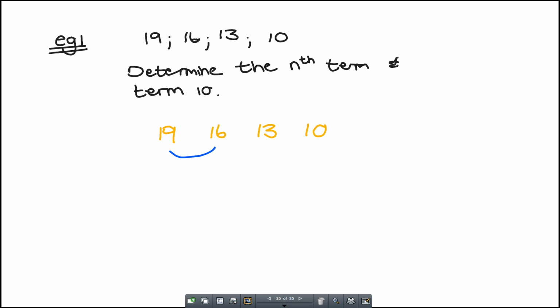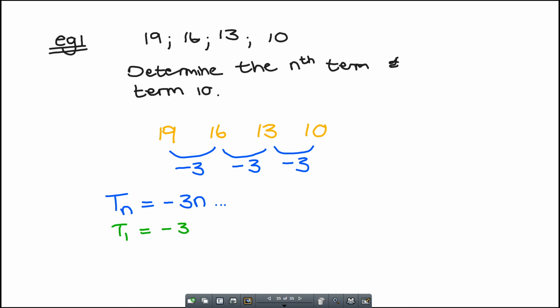So, we are subtracting 3. Okay, so immediately I knew that term n would be minus 3n, and then the rest I don't know. So let's go substitute in. Term 1 would be minus 3 times 1, which gives me minus 3. And what is term 1 actually? 19. So how do I get there?